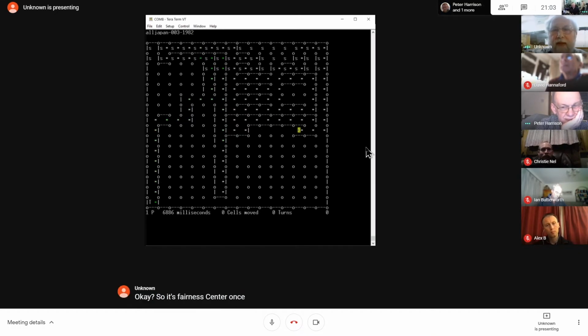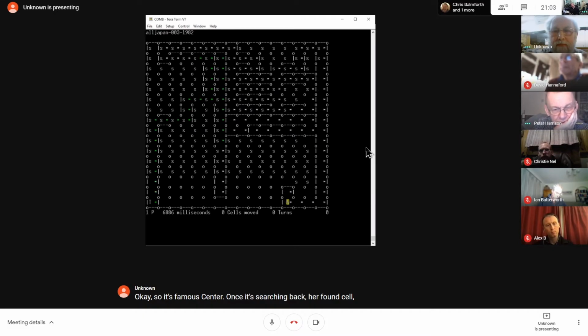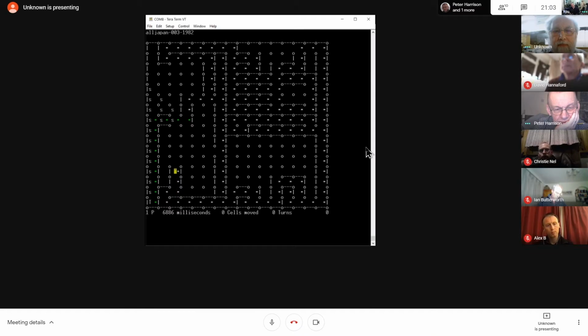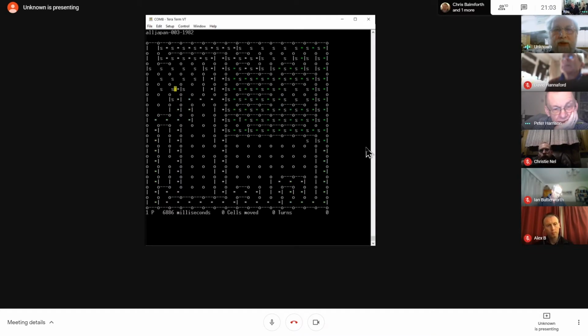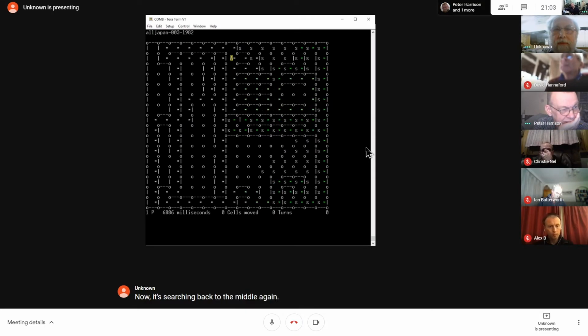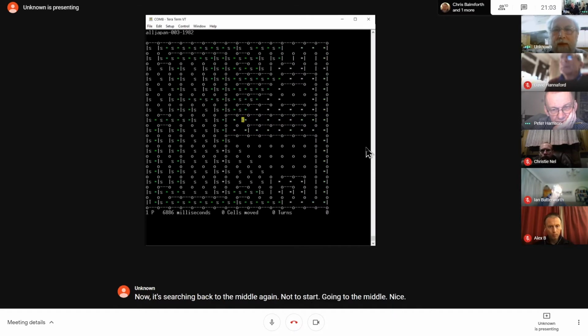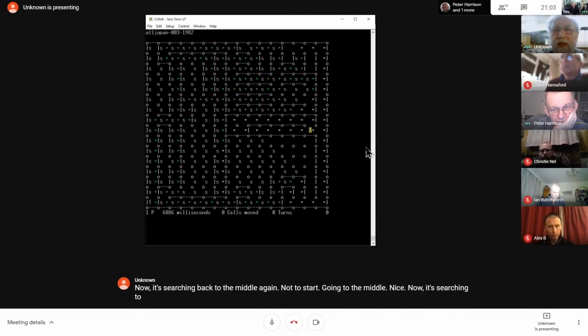It's searching back for a found cell. Now it's searching back to the middle again. Back to the start. Now it's going to the middle. Now it's searching to the start. It's found a shortest route, and it's going back.